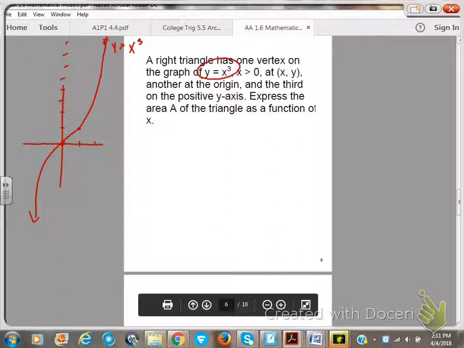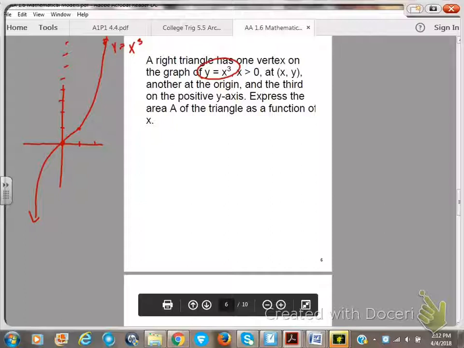All right. Now, we are going to draw a right triangle because that's what the problem told us we're dealing with here. One vertex is somewhere on the graph of y equals x cubed for x greater than 0. Do you think x greater than 0 means I'm going to pick a point in the first quadrant or in the third quadrant? First.